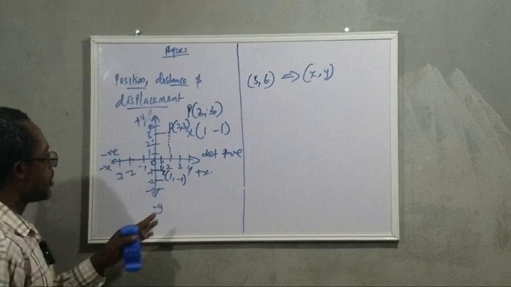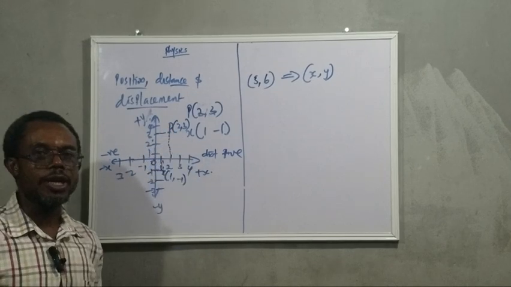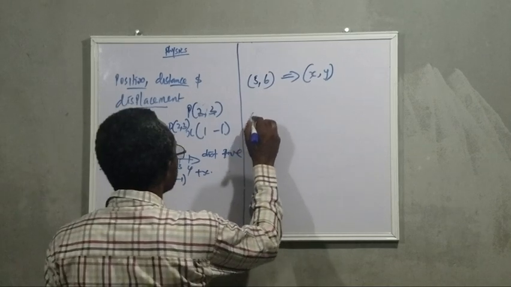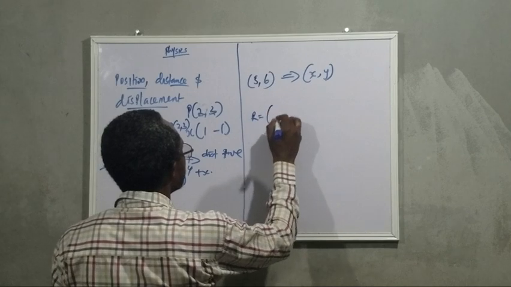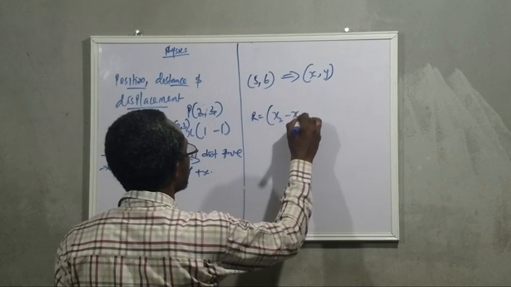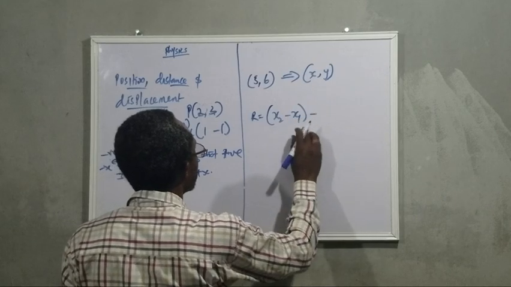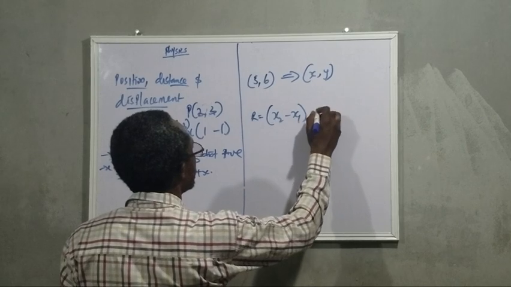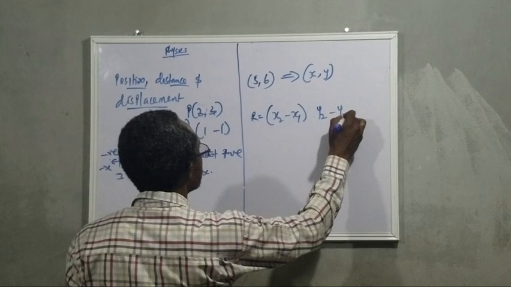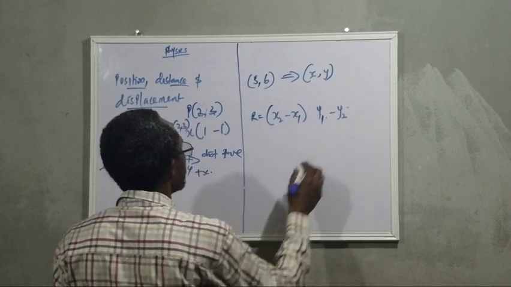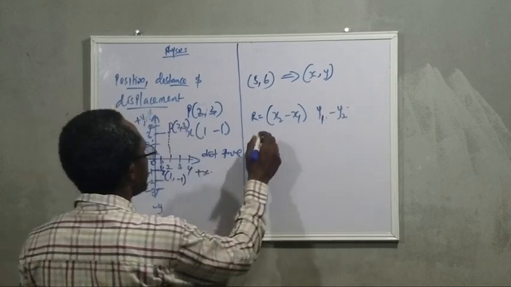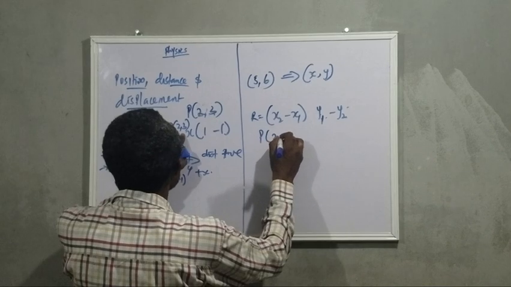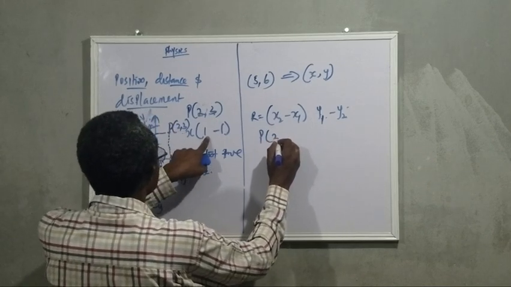Now, these two distances can also be calculated by determining their resultant value, where we say that the resultant is equal to (x2 minus x1) and (y2 minus y1). So the first P value is 2 and 3, and the second is -1 and -1.